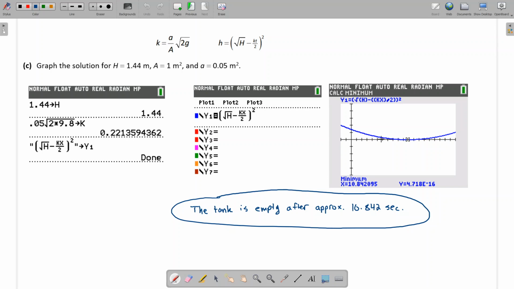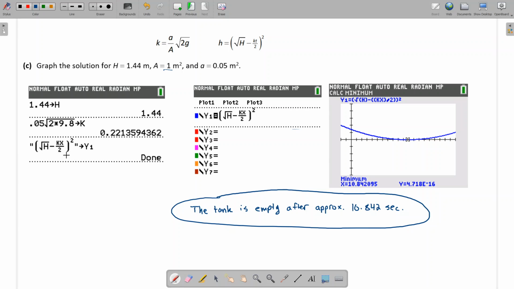So to graph it, we just use the calculator. So to keep it accurate, I stored the h as capital H. Then I plugged everything into this. Put the 0.05 in for little a, divided by 1 for the capital A, and then 2 times the g, stored that as k. And then I just put the whole function, all of h, into y1.